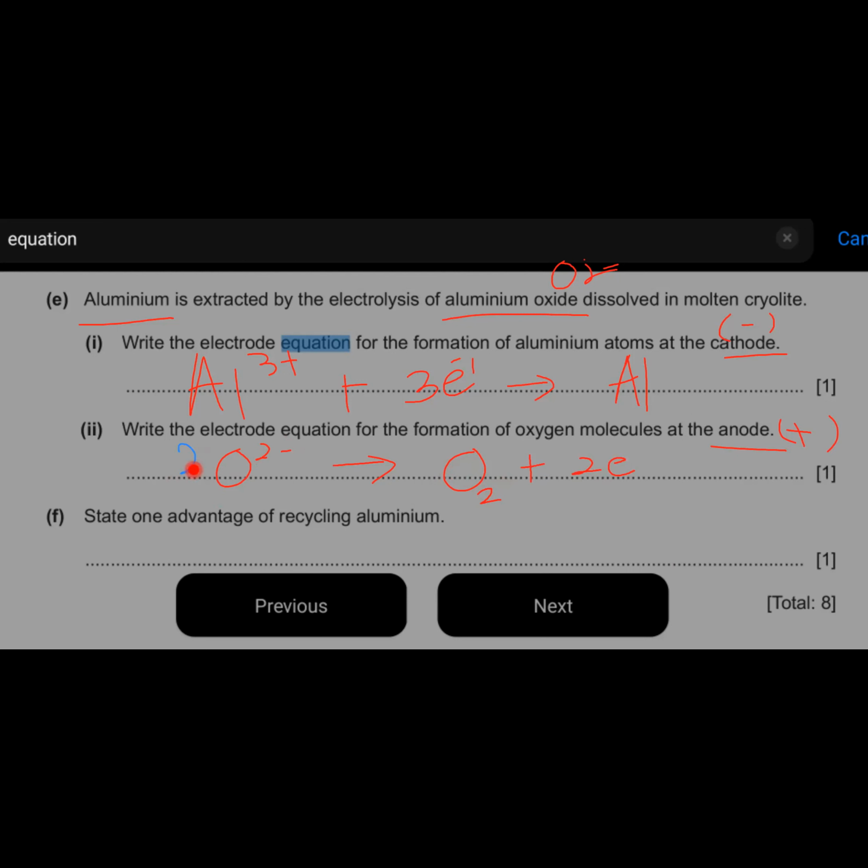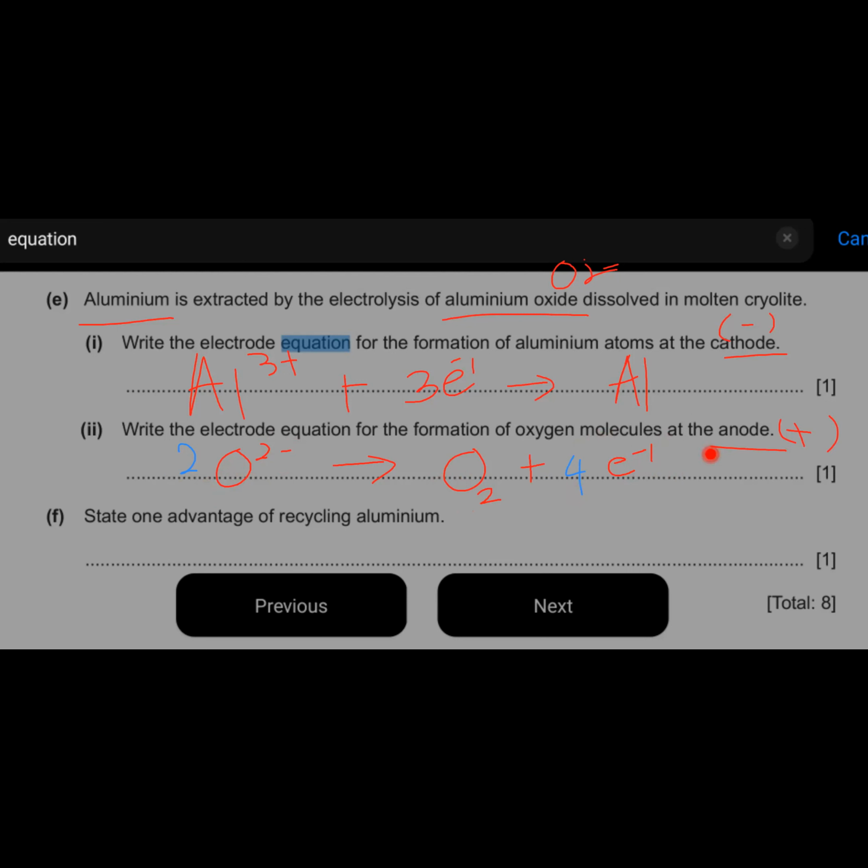So here they should have lost 4 electrons, because of 2 oxide ions. This is the oxide ion, and 2 times that should be there to get the oxygen molecule. 2 oxide ions lose 4 electrons to get an oxygen molecule.